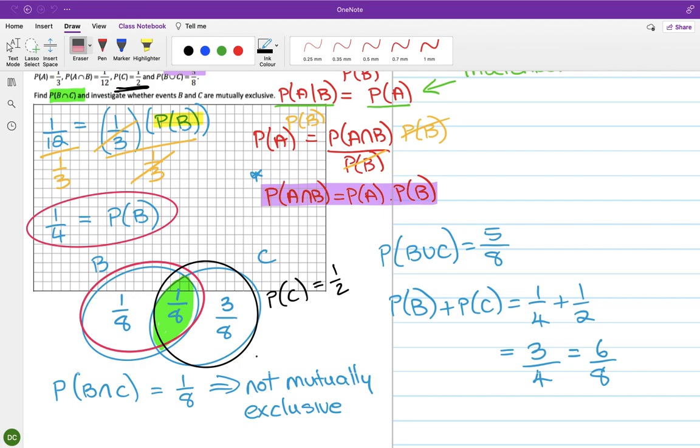If they were mutually exclusive, there wouldn't be anything in the intersection. So they are not mutually exclusive as the probability of the intersection is not zero.